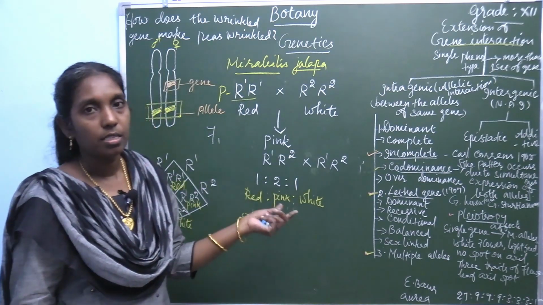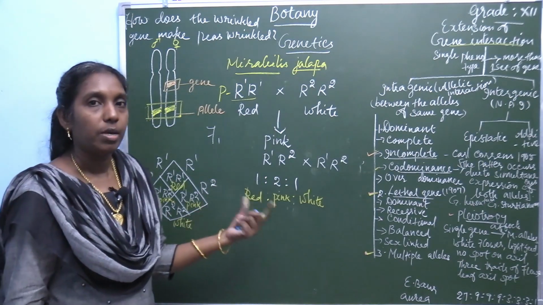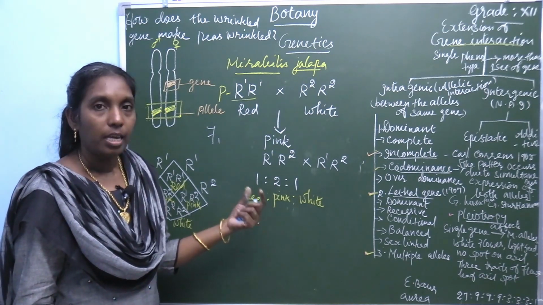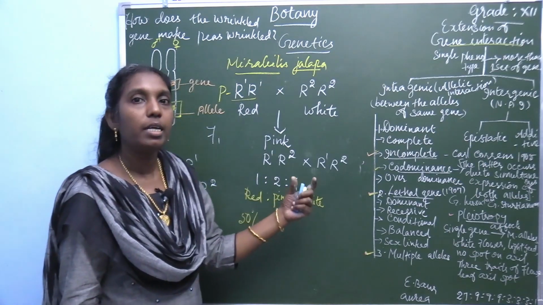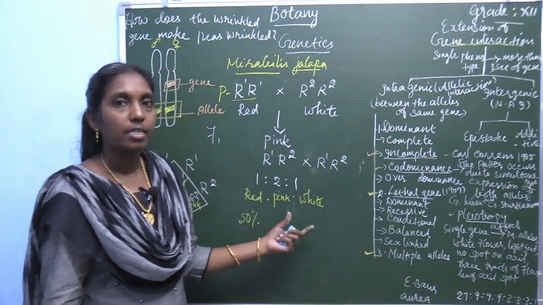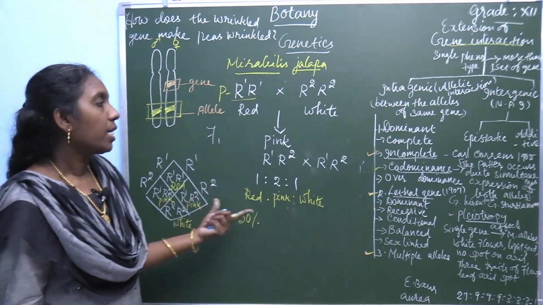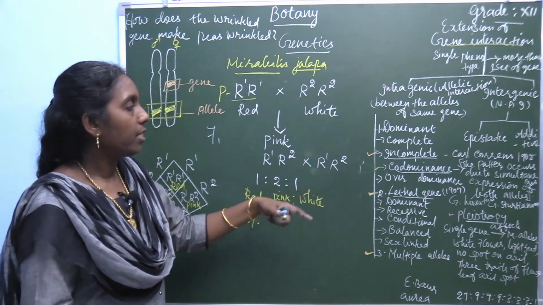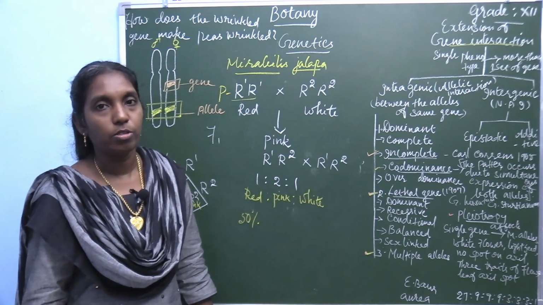There are some examples like sickle cell hemoglobin and ABO blood group that are examples of codominance. But in plants, there is an example, Gossypium hirsutum. In plants, codominance is found out by electrophoresis and chromatography.